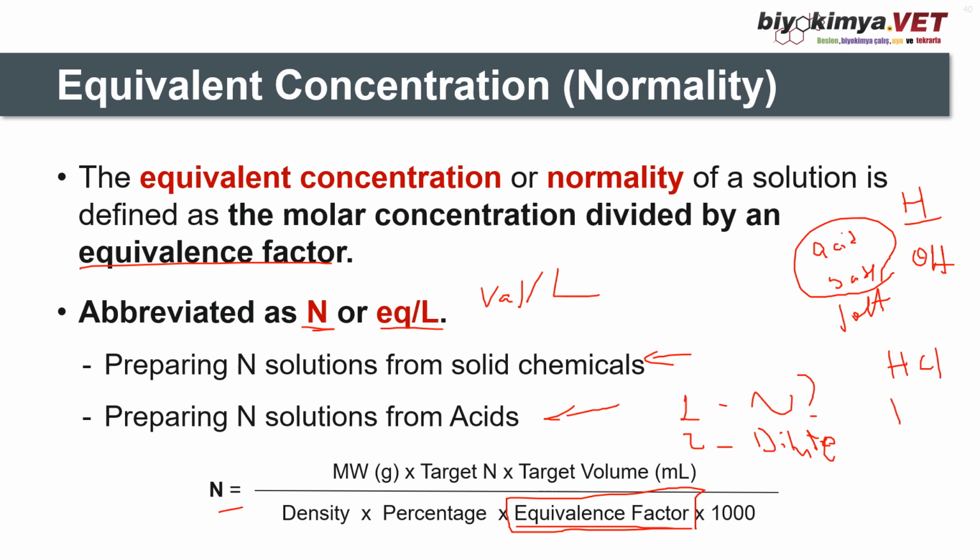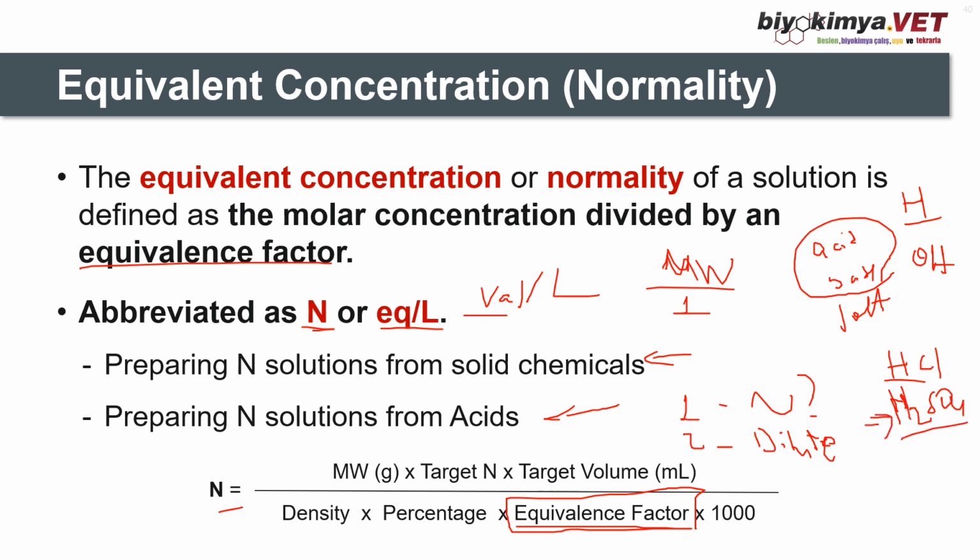Look at hydrochloric acid compared with sulfuric acid. To get the valence, we divide according to the definition: the molecular weight divided by the equivalence factor, which is the number of hydrogens. So in hydrochloric acid, it is 1. This also means the normality and the molarity of acids or bases having 1 hydrogen or hydroxyl group are the same. What about sulfuric acid?